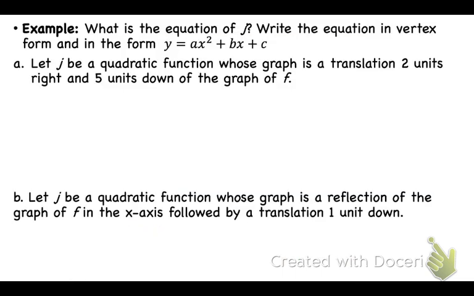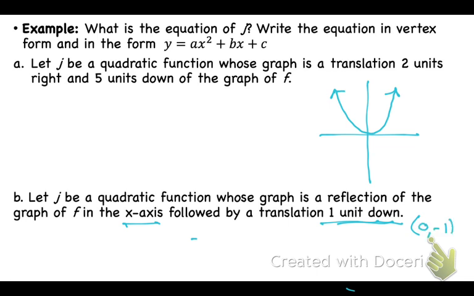Okay, I want to ask you this question real quick. It says it's reflected across the x-axis. What does a parabola look like? It's like a U. If I reflected it across the x-axis, it wouldn't be going up. It would be going down. So it'd be negative a. And translated 1 unit down. So the vertex is at 0, negative 1.